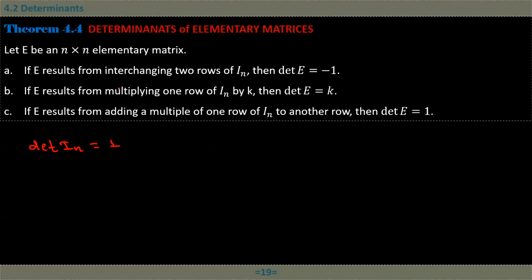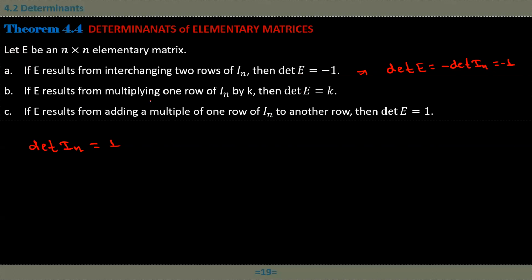Also, using the property of determinants, if you just interchange two rows, only the sign changes. So the determinant of E is equal to minus the determinant of I_n, which is 1, so it's equal to negative 1.